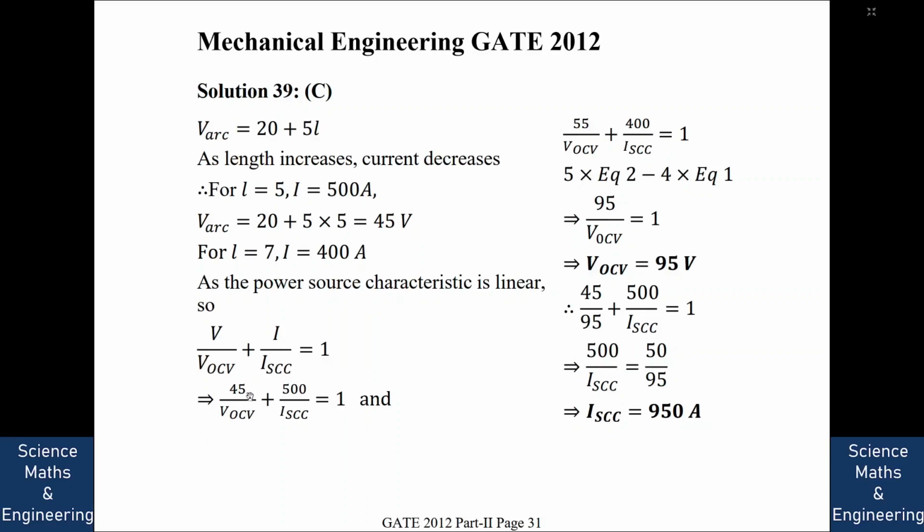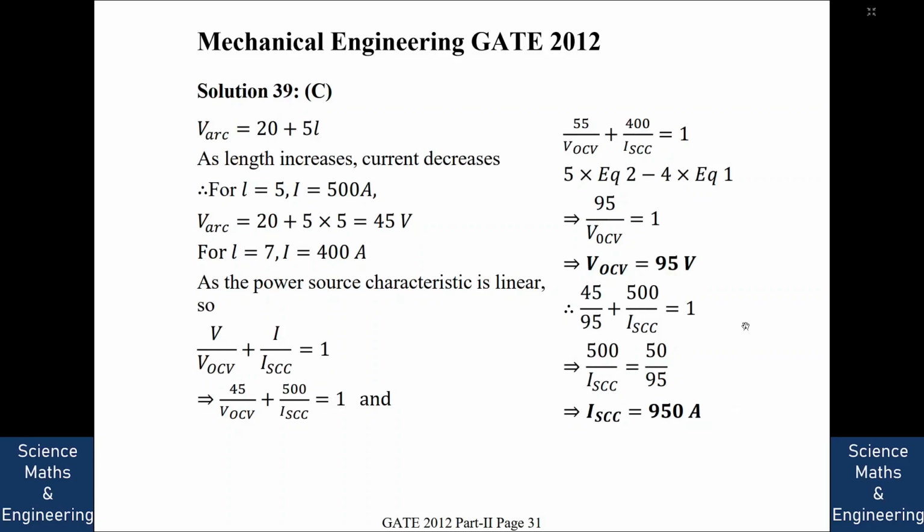So here you get 45 by V open circuit voltage plus 500 by I short circuit current is equal to 1, and 55 by V open circuit voltage plus 400 by I short circuit current is equal to 1. So from these two equations we again get that the open circuit voltage is 95 volt and the short circuit current is 950 ampere.